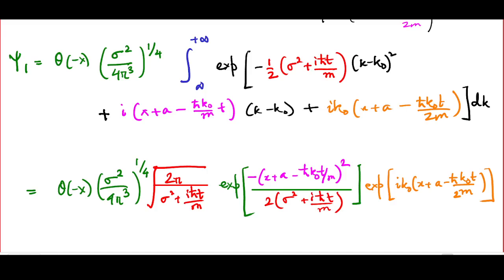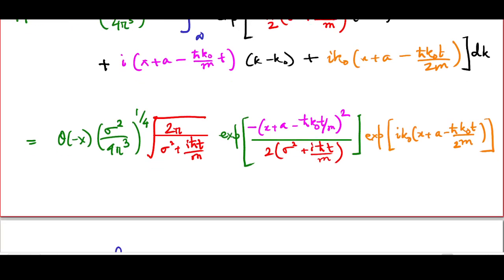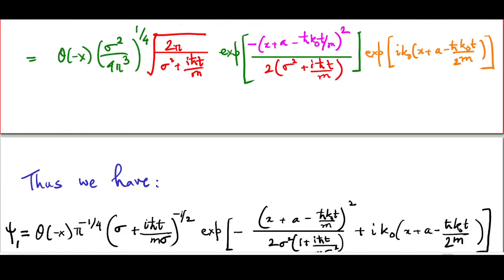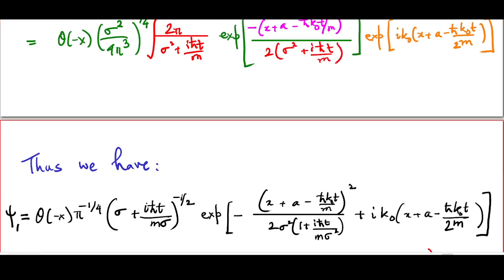Now it's obvious that this is the part that should correspond to the incident wave. And let's just take a look at this in some detail to understand why that is the case. First of all, it's obviously a Gaussian which is centered at x equal to x0 equals minus a plus h cross k naught t by m.